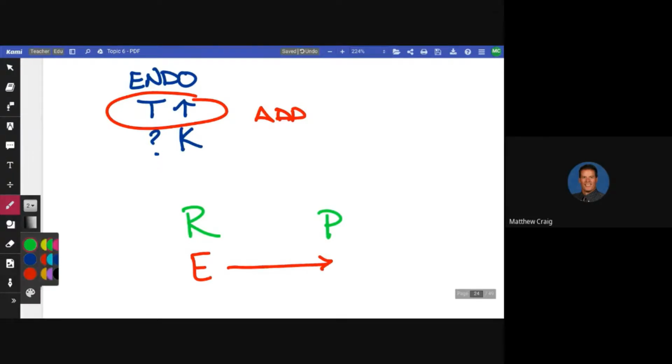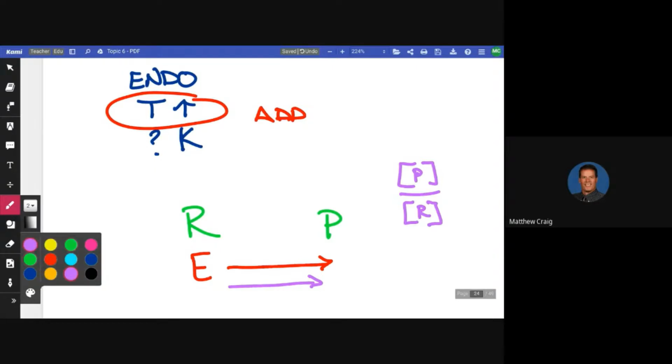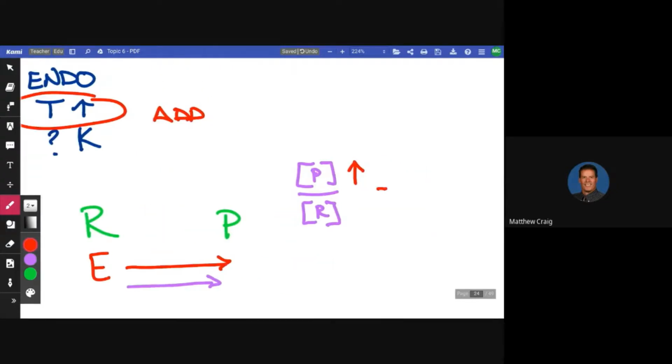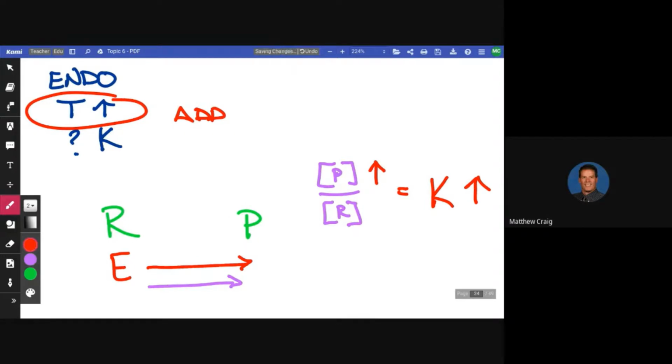Therefore, when we look at our generic expression, if the arrow is shifting to the right, what is happening to the concentrations of the products? Very good. They are increasing, because K is increasing, and the reactants are decreasing.